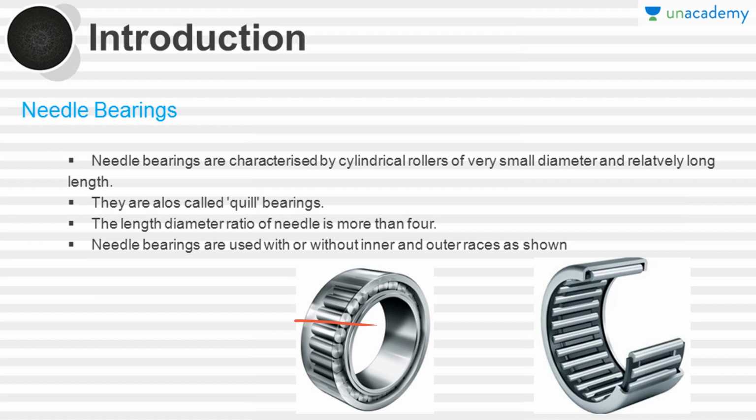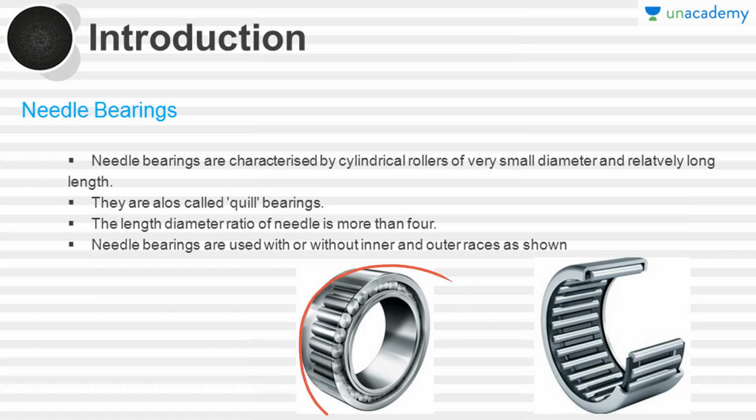They are also called quill bearings. The length to diameter ratio of needle bearings is more than 4. It is due to the small diameter and relatively long length. Needle bearings are used with or without the inner and outer races as shown. In this figure you can see that this is a needle bearing and this is also a needle bearing.